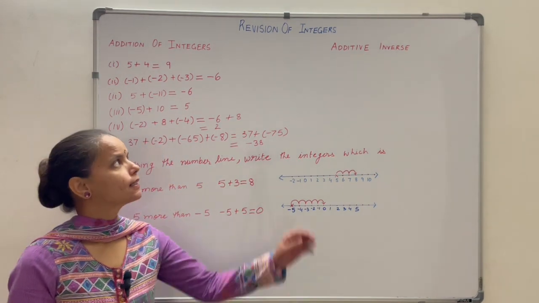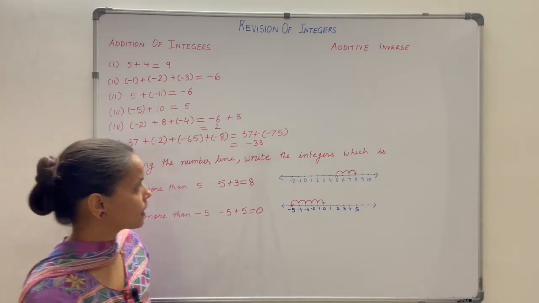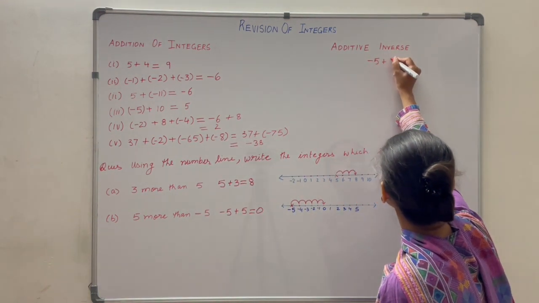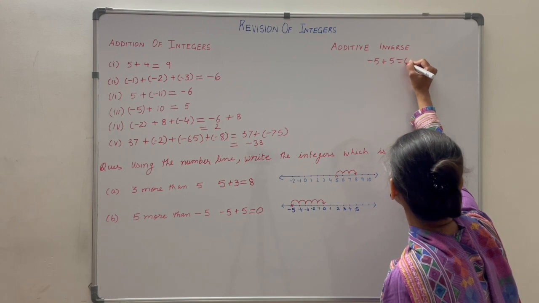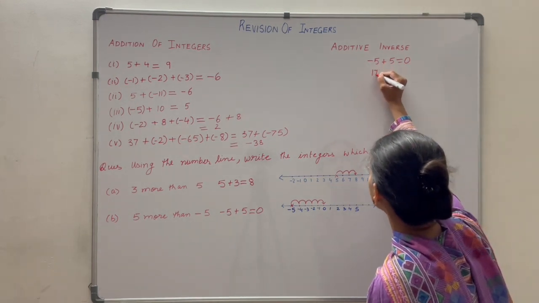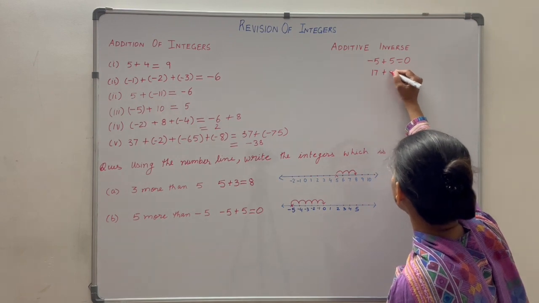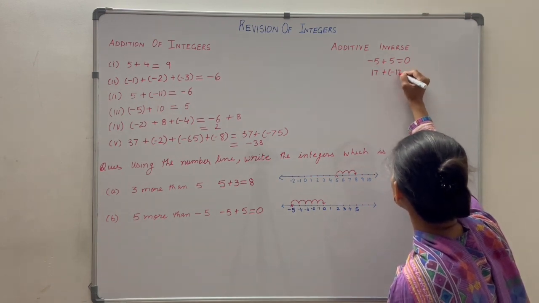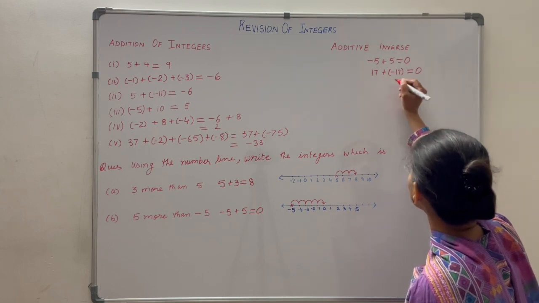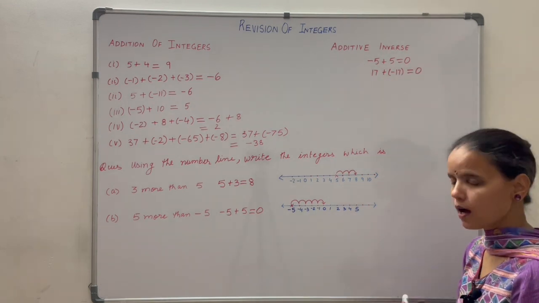Let us now take additive inverse. Numbers like minus 5 and plus 5, whose summation is 0, are called additive inverses of each other. Plus 17, then the additive inverse is minus 17. Their summation is 0. So 17 and minus 17 are called additive inverses.